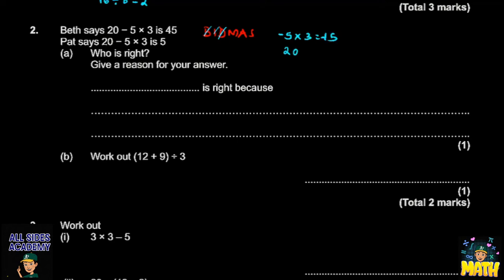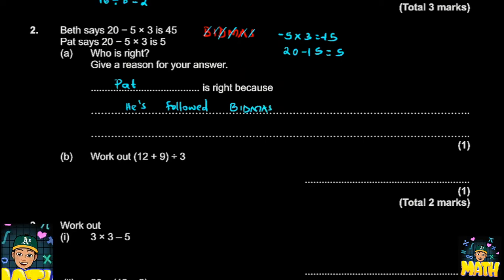Then we write 20 minus 15, which gives us, so this is subtraction, 5. So Pat is right, of course. Why? How would you write your reason? He of course used BIDMAS. He's followed the order of those operations.